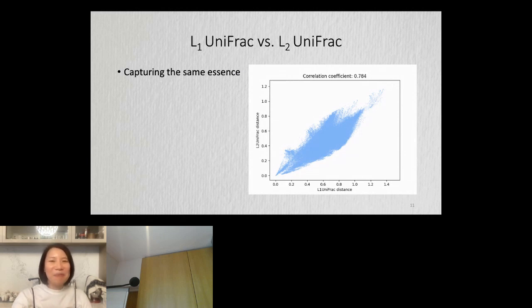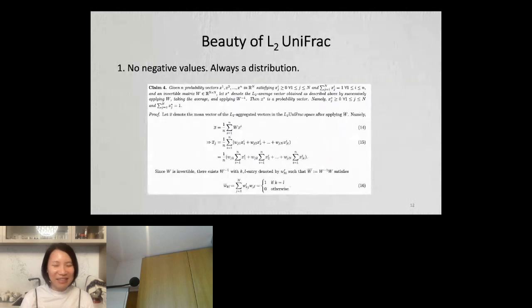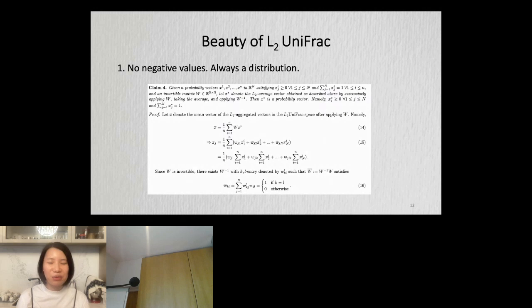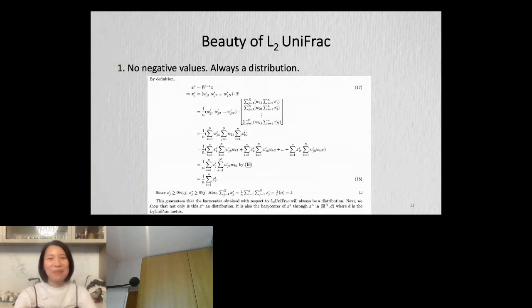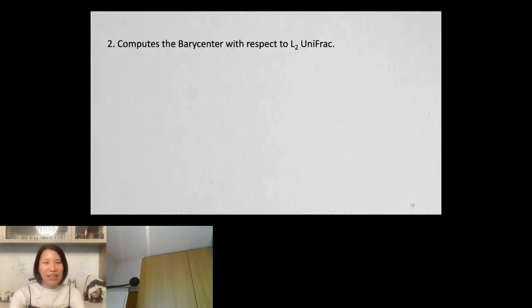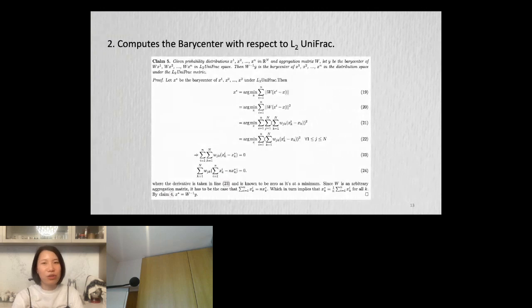Then we did some mathematical work, and we proved that the beauty of L2 UniFrac is that we will not get negative values, and the resulting vectors will always be a distribution. And this is the proof, which I will not go into detail. And secondly, this process of aggregating, taking the average, and reverse aggregating computes the barycenter with respect to L2 UniFrac.